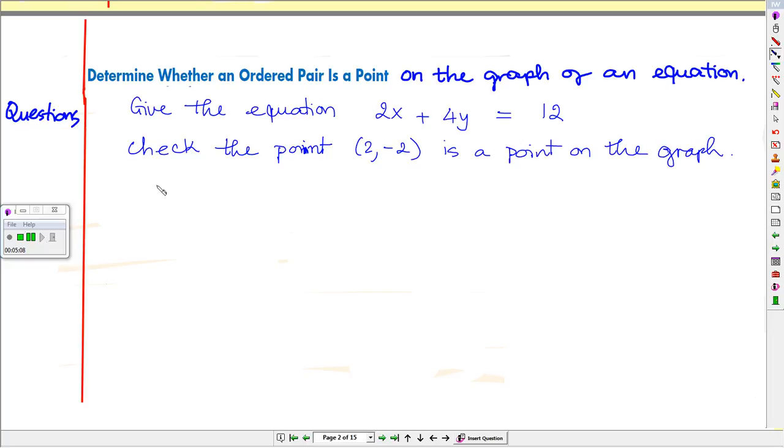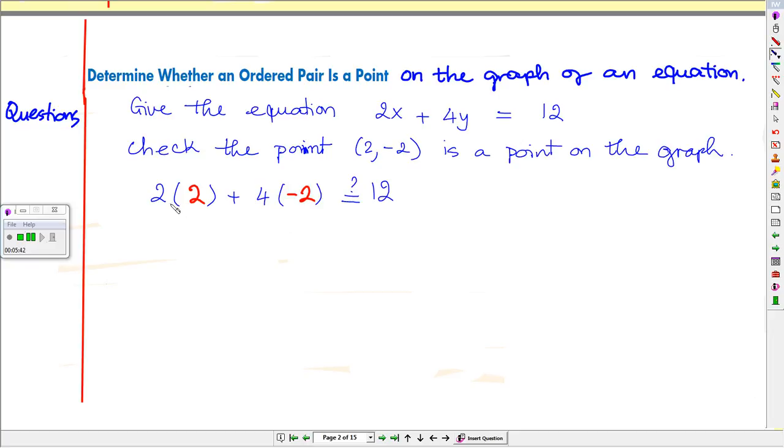So I'm going to go back and substitute: 2 times parenthesis blank plus 4 times parenthesis blank, with a question mark, because we want to check to see if it equals 12. So now substitute x for 2, y for negative 2.